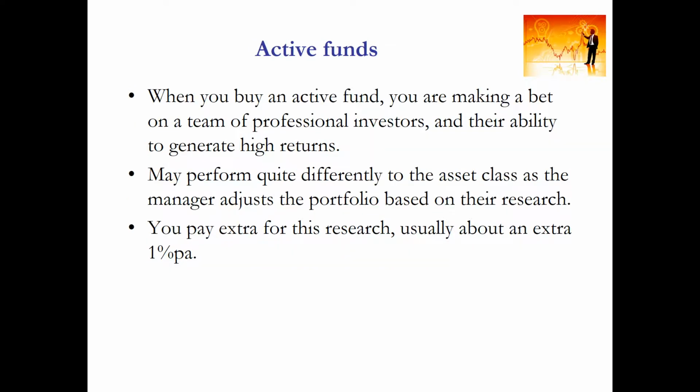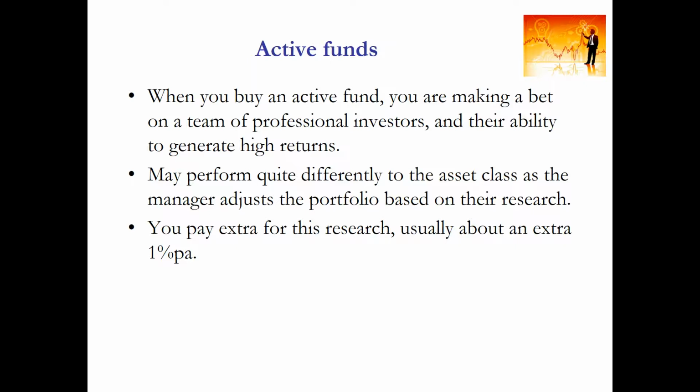In contrast, an active fund uses a team of professional managers and their ability to generate high returns. While the return is in some way still linked to the performance of the underlying asset classes, there should be some alpha which is either going to be positive or negative based on whether the active investment was able to either over- or underperform.